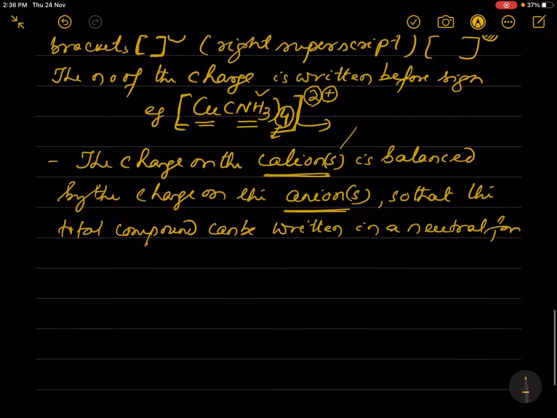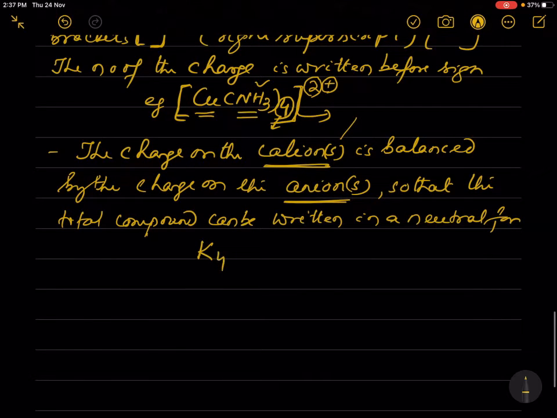You see, K4[Fe(CN)6] 4-: four K plus ions are there, and the complex ion has 4 minus.